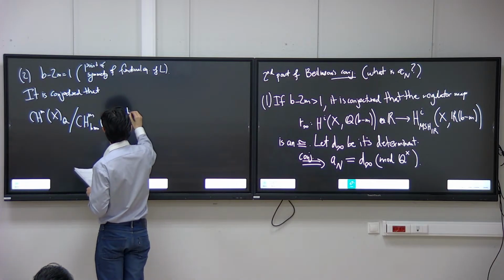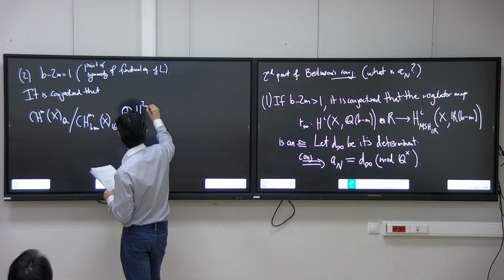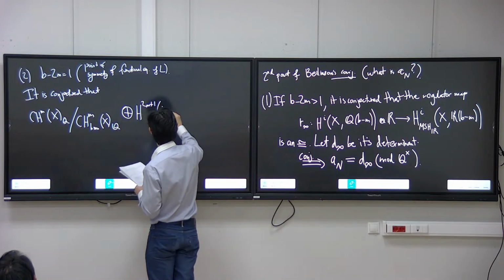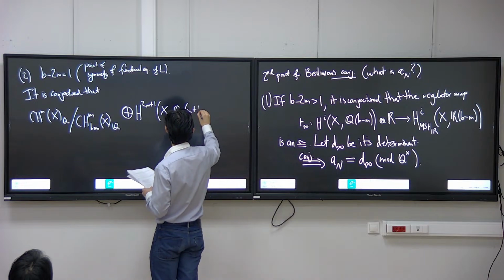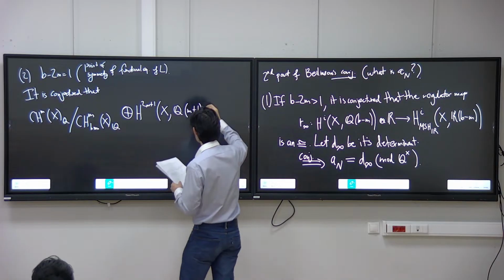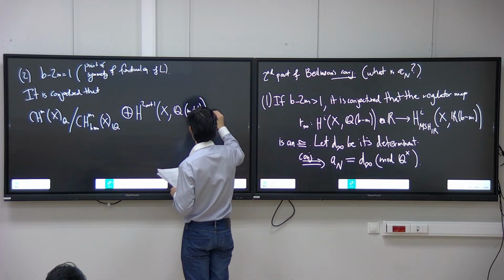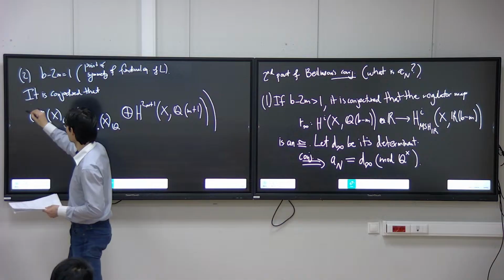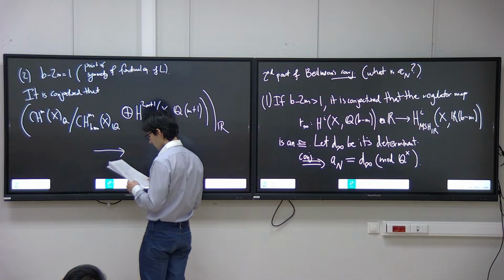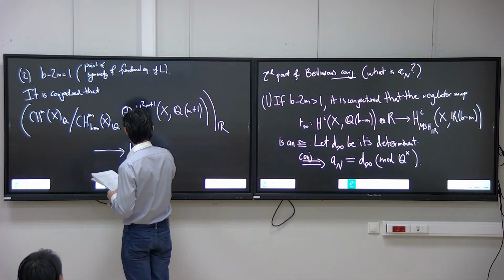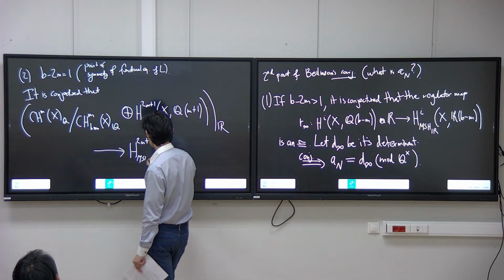And then I sum that with H^(2m+1), the motivic cohomology. So clearly there's something deep going on in these conjectures, right? There's some control of these leading terms in pole order, governed by motivic cohomology. So this tensor with R, there's a map like this from here to the cohomology of this mixed Hodge structure thing.